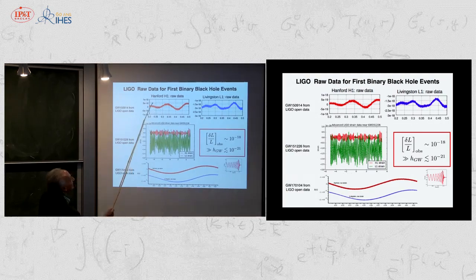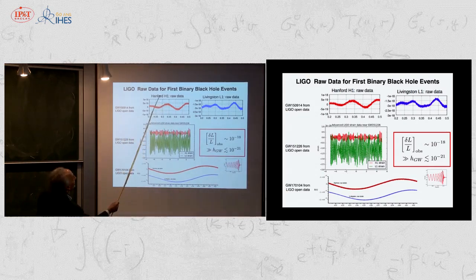The scale here of the variation is the raw fractional change in the length of the interferometers. The detectors we are talking about are laser interferometers. The LIGO ones have arms 4 kilometers long. And what is represented here is the dimensionless fractional change of the length of the interferometers, delta L over L, which in principle measures the gravitational wave, as we'll see.